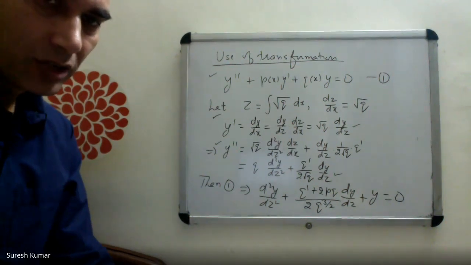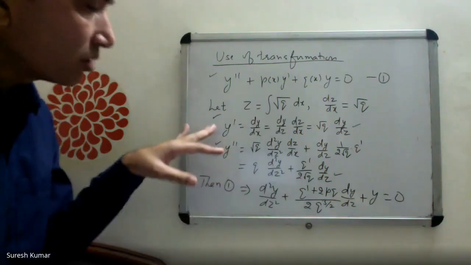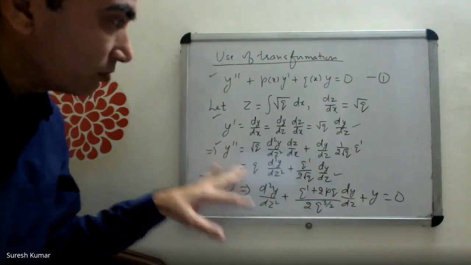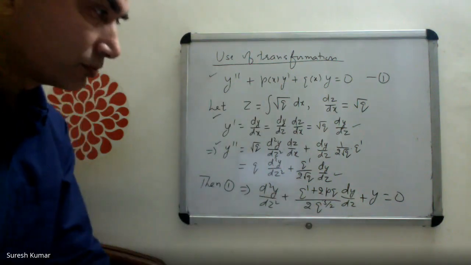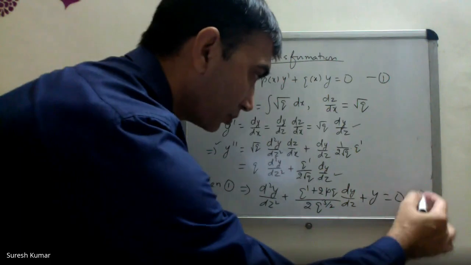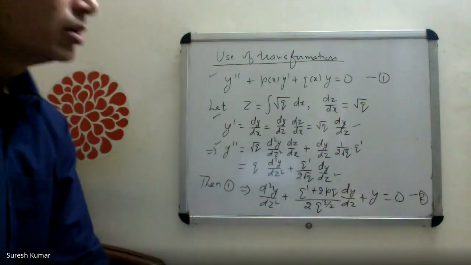Check whether I've written it correctly or not. Yes, sir. Okay, so after substituting y prime and y double prime into the given differential equation, this is the transformed equation, equation number 2. Now see this equation.